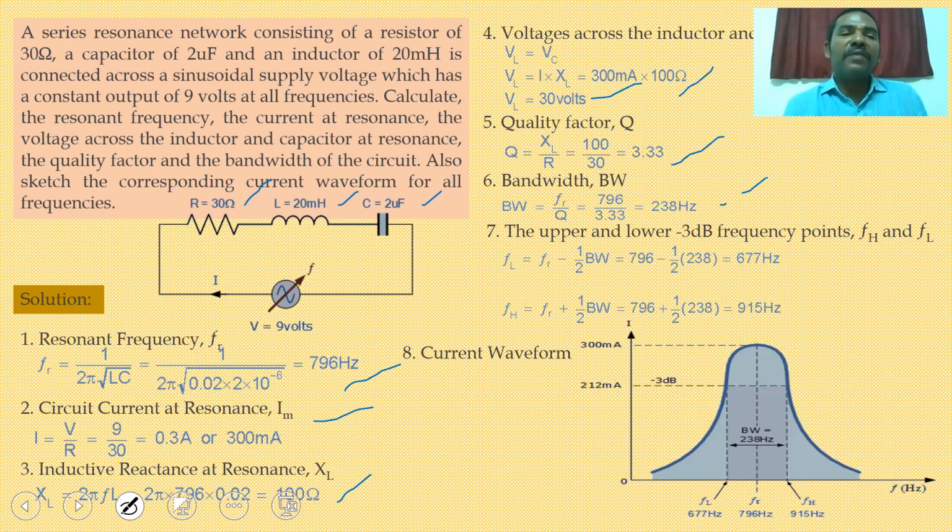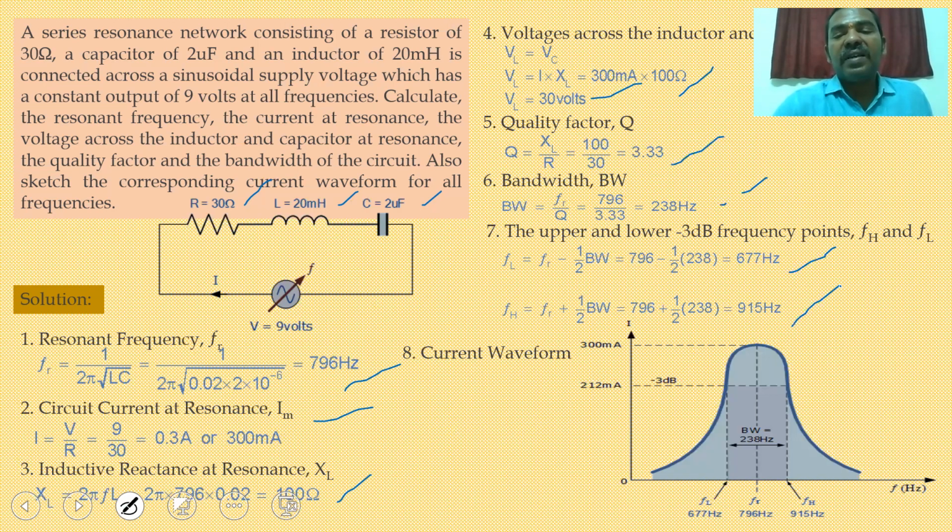Then the lower half power frequency F1 is equal to F0 minus half times of bandwidth. If you substitute, you can get 677 hertz, and the upper half power frequency F2 is equal to F0 plus half times of bandwidth. So we are getting 915 hertz.